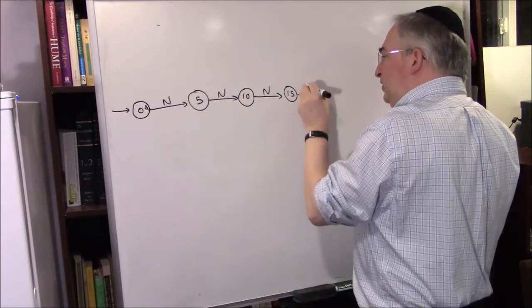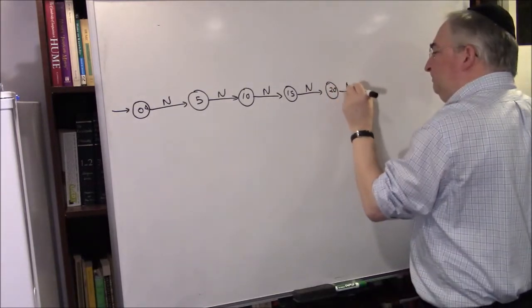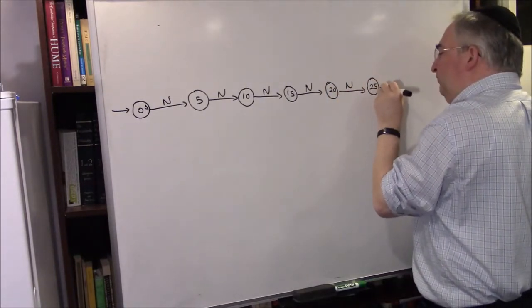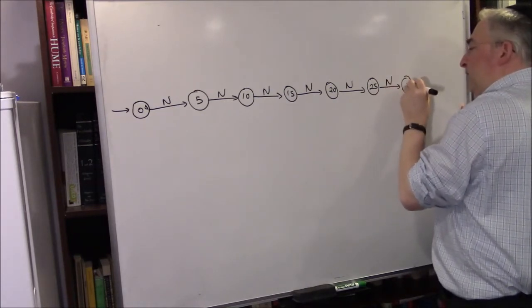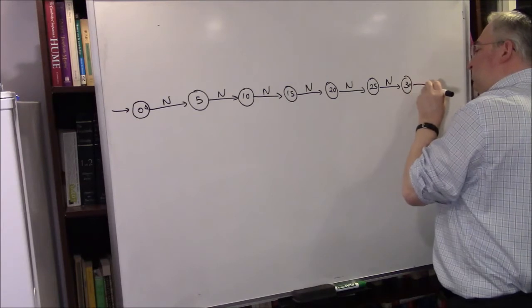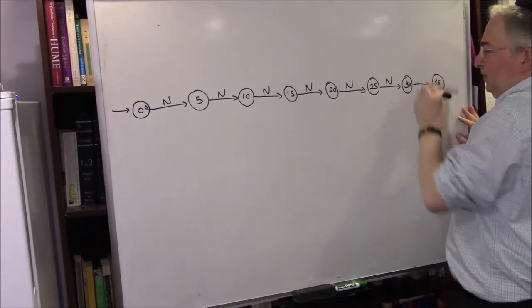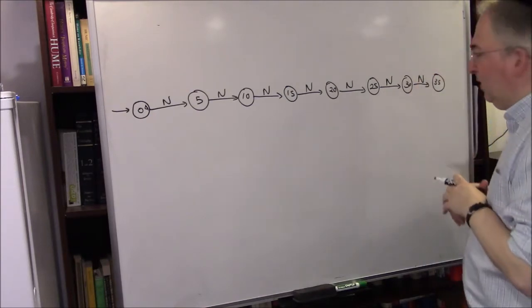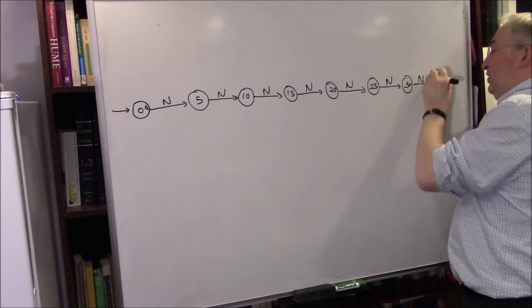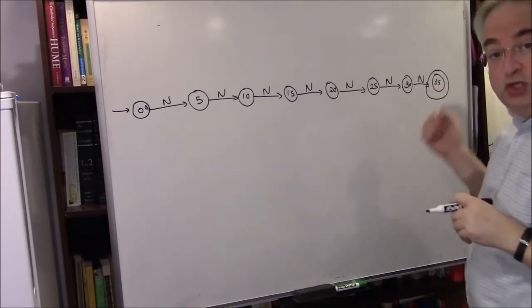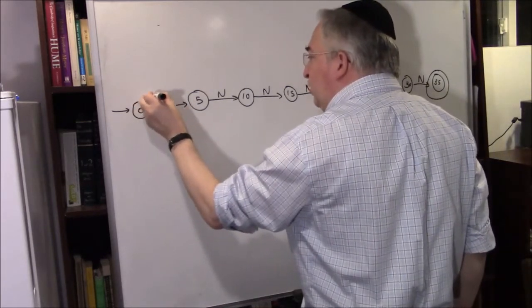Another nickel, and it says 20, 25, 30, 35. Okay, that's very good. If you get to 35 cents, if you put in enough nickels, you get the soda.